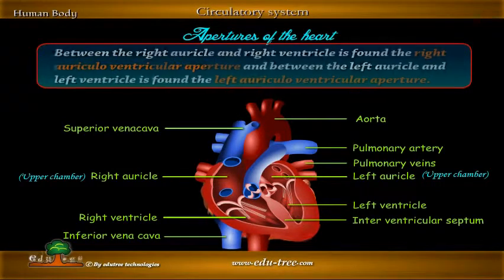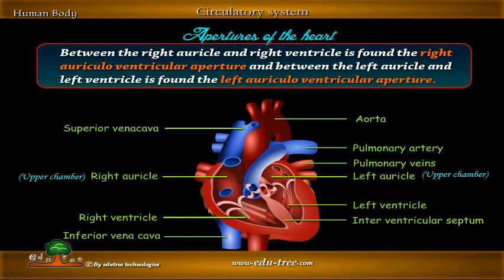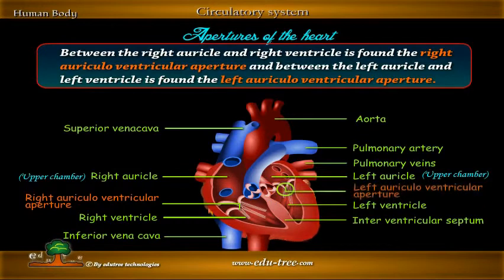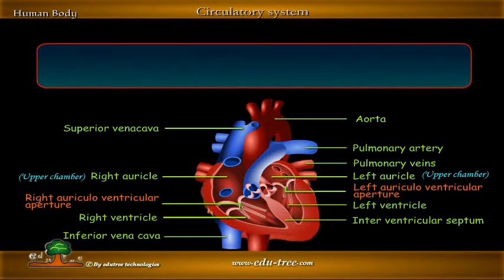Apertures of the heart. Between the right auricle and right ventricle is found the right auriculoventricular aperture, and between the left auricle and left ventricle is found the left auriculoventricular aperture. Valves of the heart.